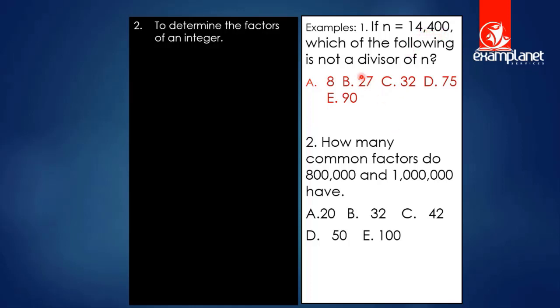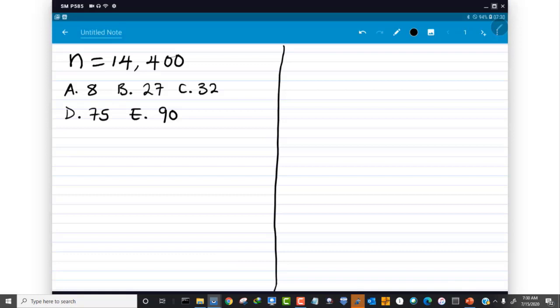All right. So let's see how we use prime factorization to solve this problem. Okay. So the question is asking which of these options from A to E is not a divisor, that is, it is not a factor of n.